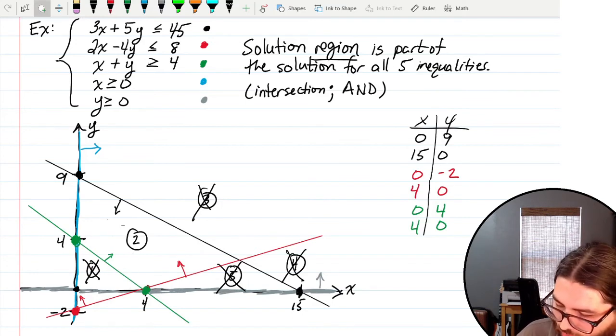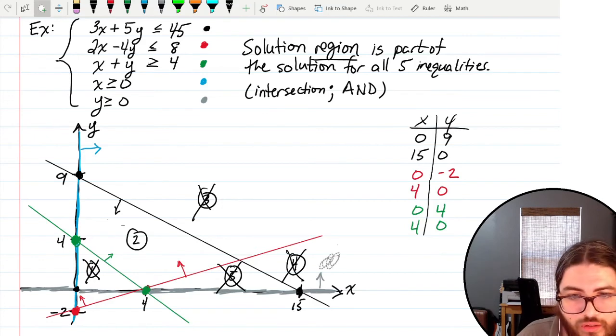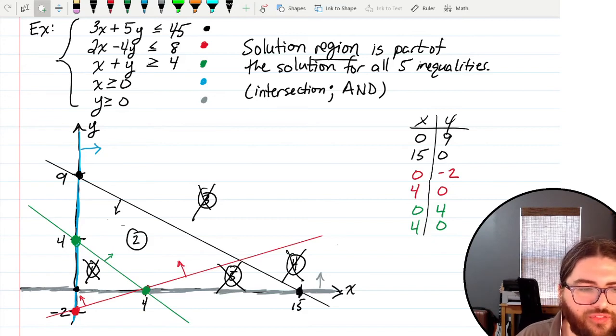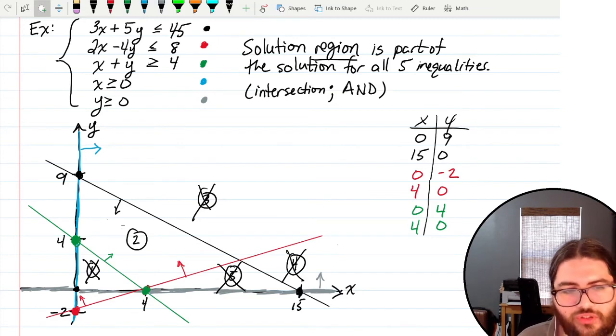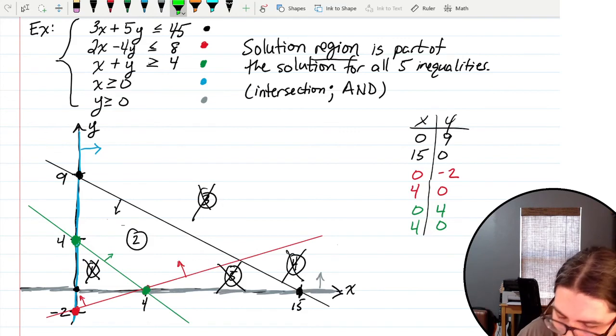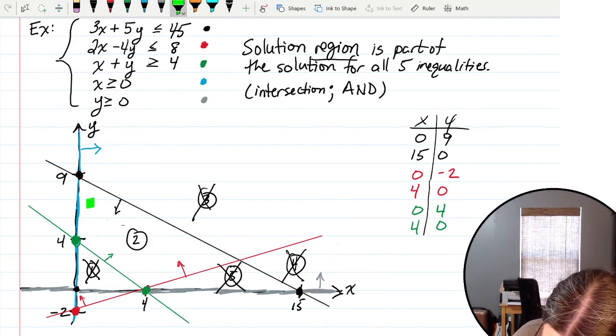I know I drew the gray arrow out here, but you can think of the arrows as being on the same side of the line everywhere. I just drew them there because it was convenient and it didn't clutter up my picture too much. Region number 2 is the only region which all 5 of the arrows point to, which means that region number 2 is my solution region.